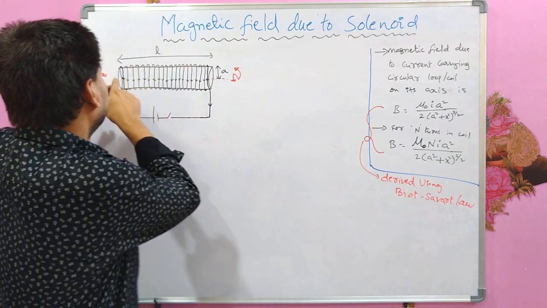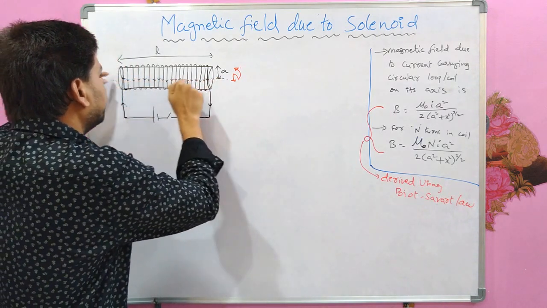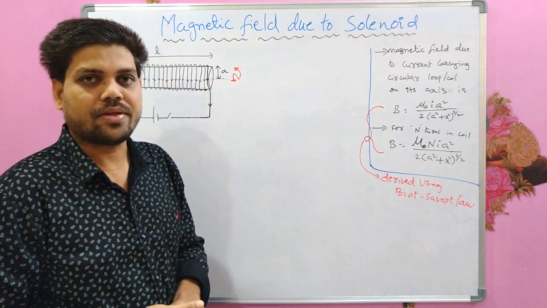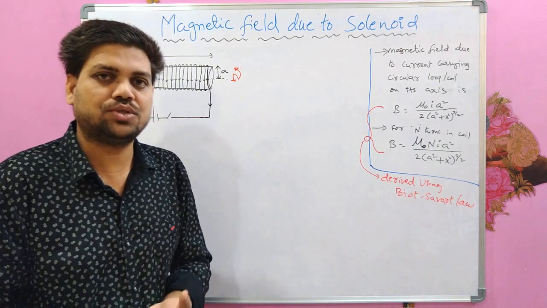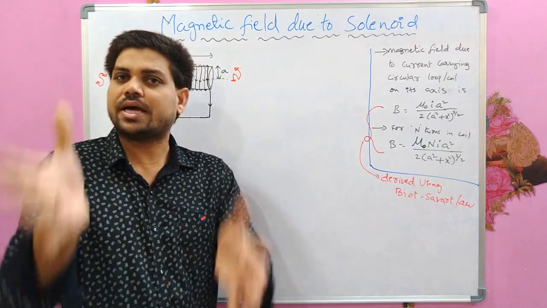The axis, here you can see this dotted line which is passing through the center of this solenoid, is called the axis of the solenoid. And our aim here is to find out the magnetic field at a point on the axis of it.